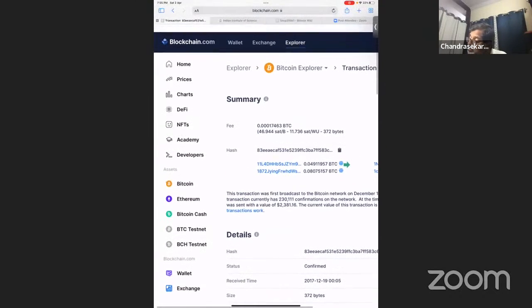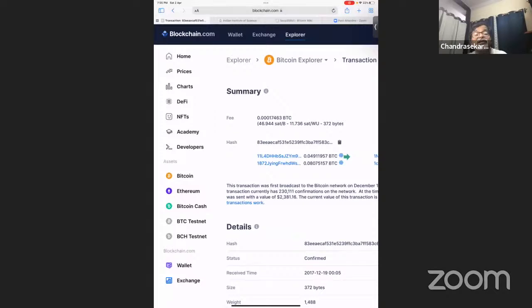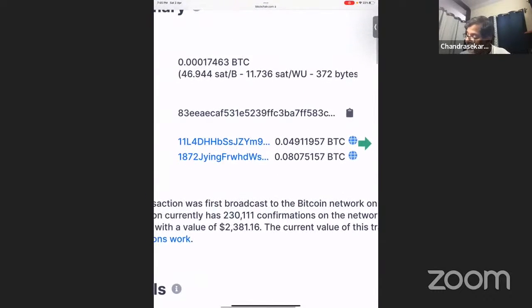Okay. Now you see what this fellow has done is he is referring to 2 inputs through one transaction. That is a transaction ID. You can click on that and go to that transaction and then see. All right. He has one transaction ID through which he has got 0.0491197 Bitcoin. There is another transaction ID in which he got 0.0807. Here, this region. I am reading this region.